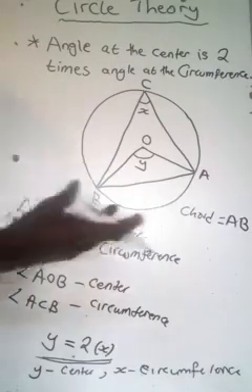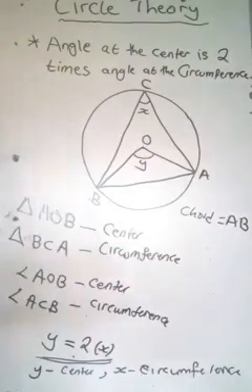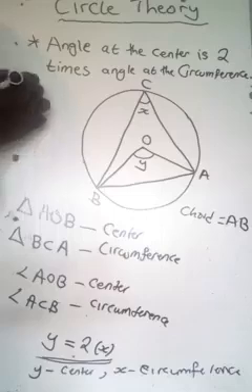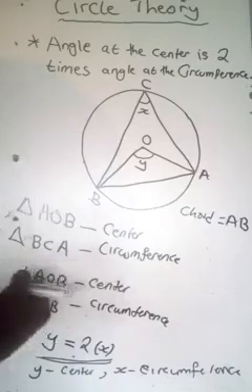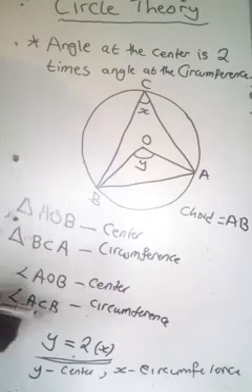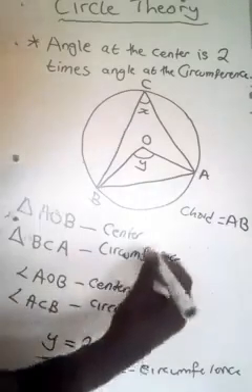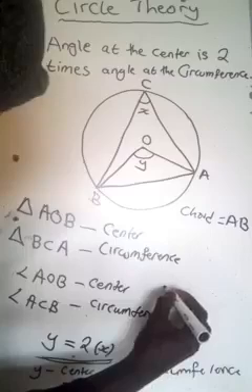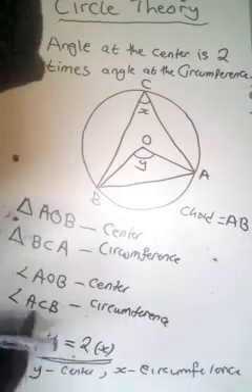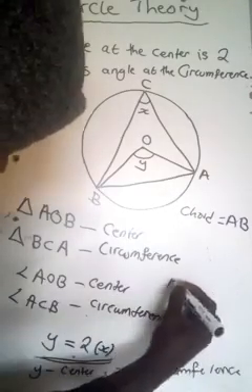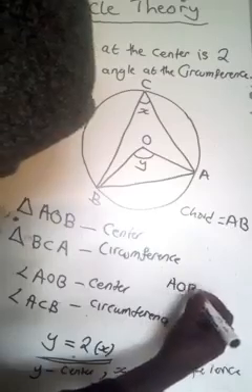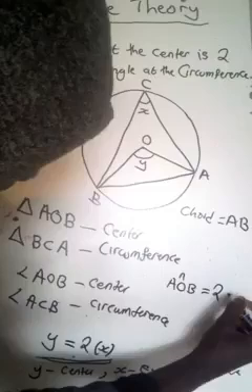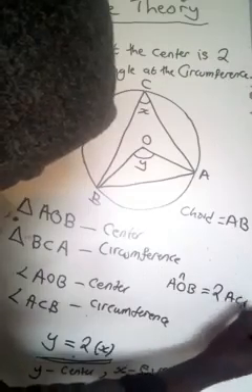If we wanted to produce an equation based on the example here, we know that the angle at the center is AOB, and the angle at the circumference is ACB. So we're going to say angle AOB is equal to 2 times angle ACB.